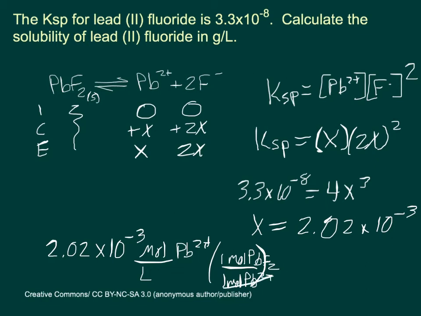So now we've got moles of PbF2 per liter, and I want to go to grams, so all I'm going to do is multiply by grams per mole, and if you add it up you come to 245.2 grams per 1 mole of PbF2.